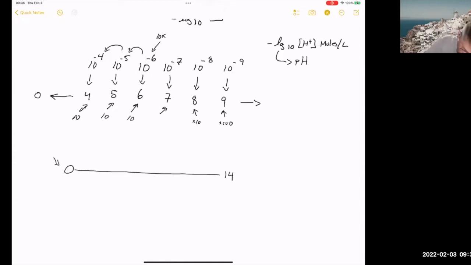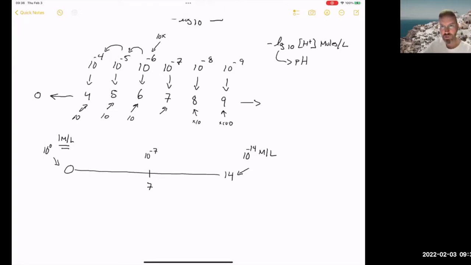So a pH of 0, right, would be what? Well, that would be 10 to the 0 or 1 mole per liter concentration of hydrogen ions. Whereas 14 would be 10 to the minus 14 moles per liter, right? A tiny, tiny concentration. And then in the middle, 7 would be 10 to the minus 7.